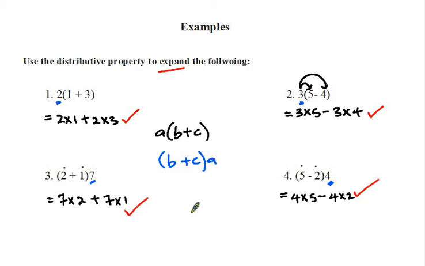Because if I say, all right, give me the answers for this now. 2 times 1 and 1 times 2. What would I get for this? 2. What would I get for this one? 2.